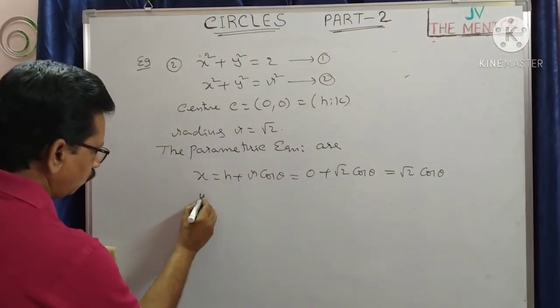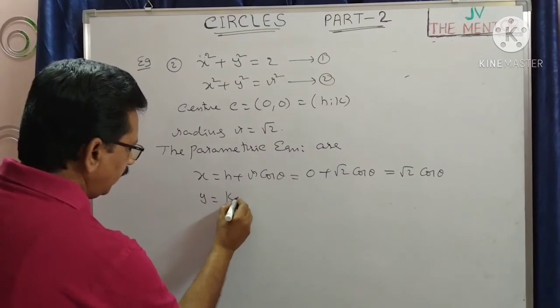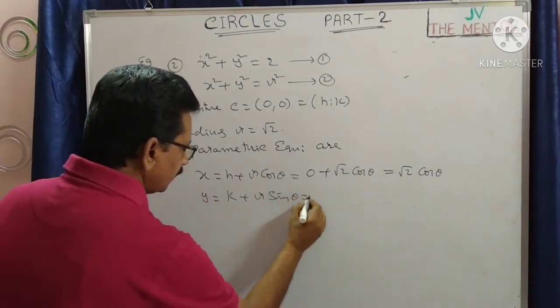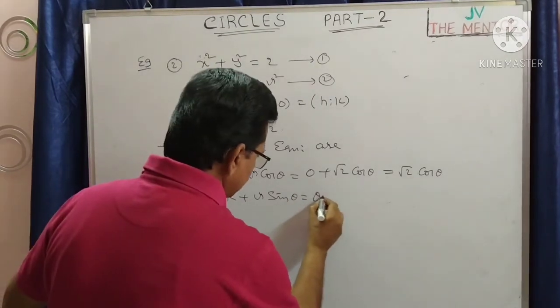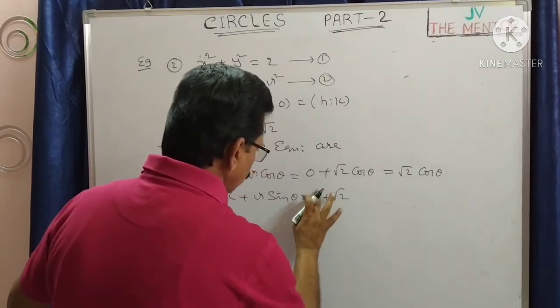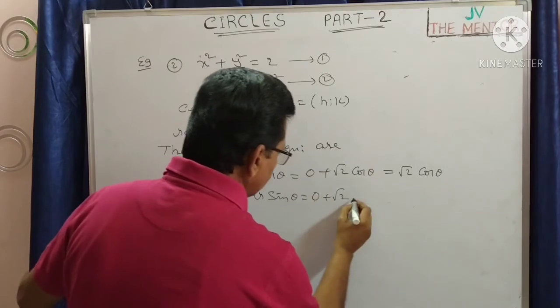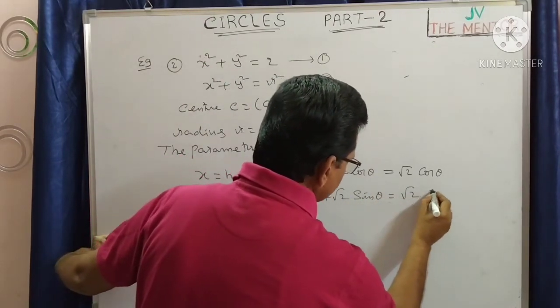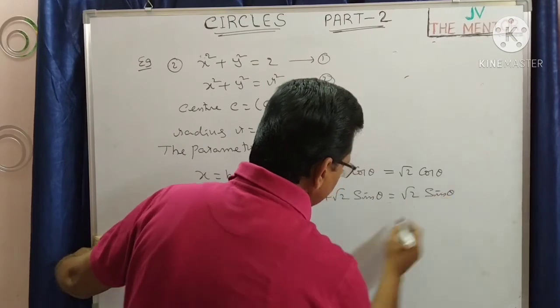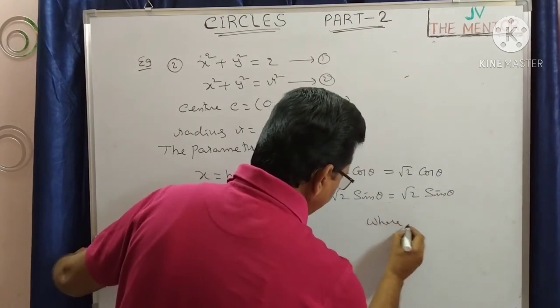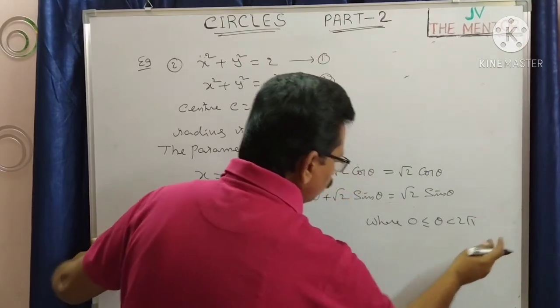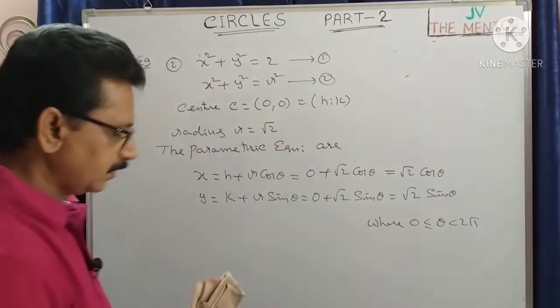Next y equal to k plus r sin theta, that equal to 0 plus root 2 sin theta, that equal to root 2 sin theta, where 0 less than or equal to theta less than 2 pi. Okay?